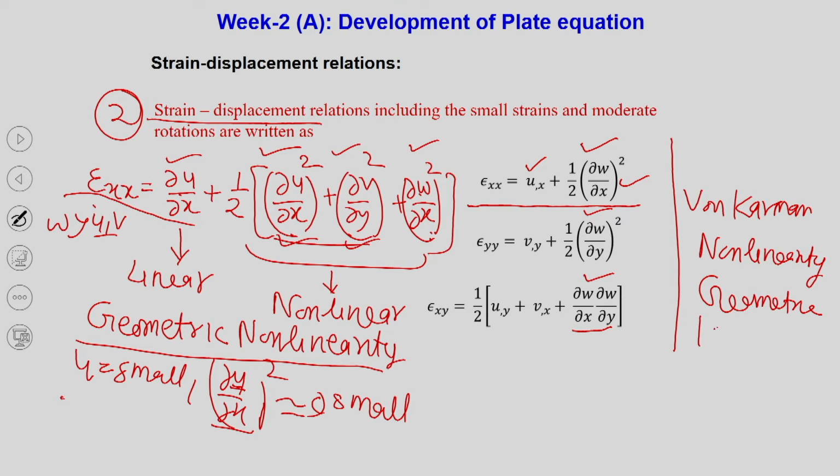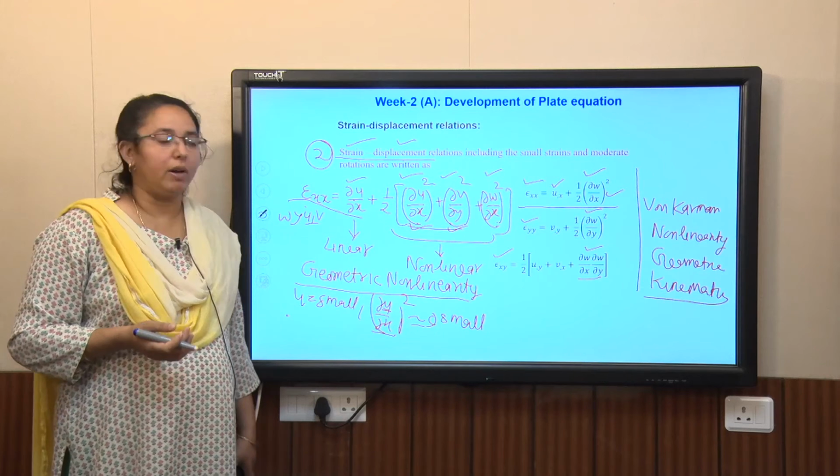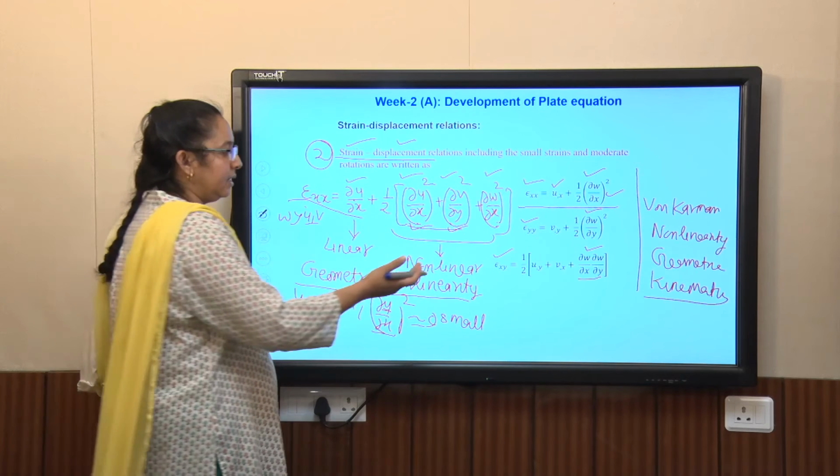Sometimes we also call it kinematic, because they are taken in terms of kinematic relations, strain and so on. So this was the major step: which strain displacement relation you are going to follow, whether linear, non-linear, or partial like ours.